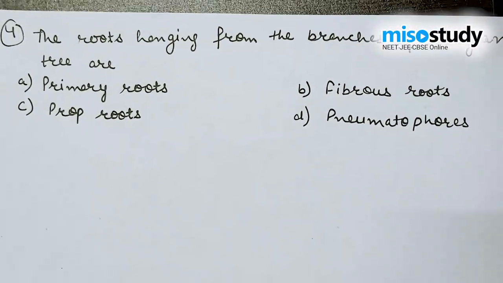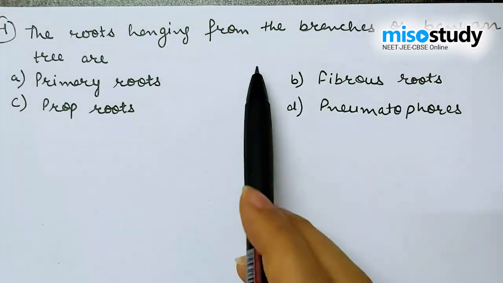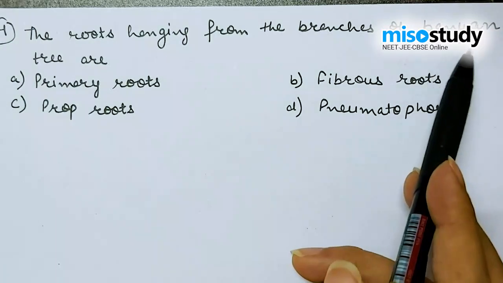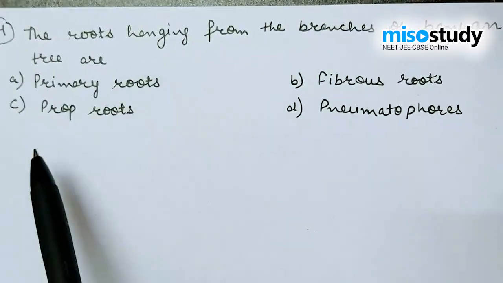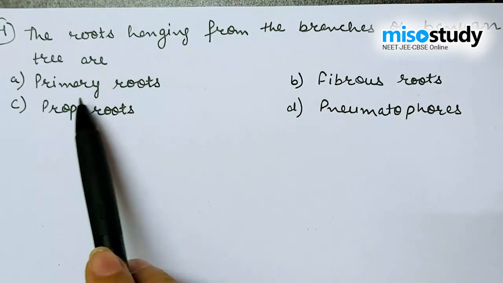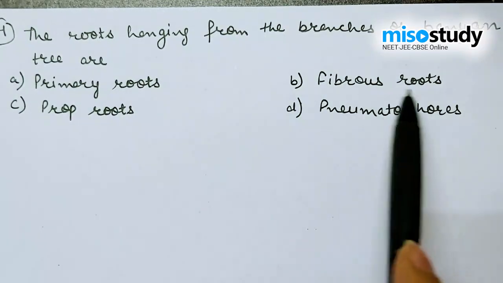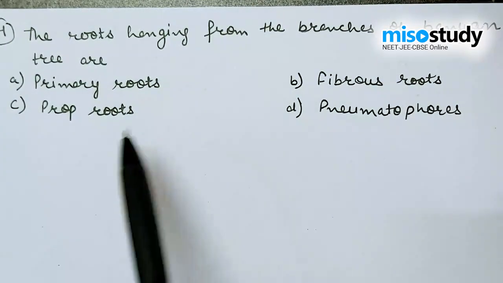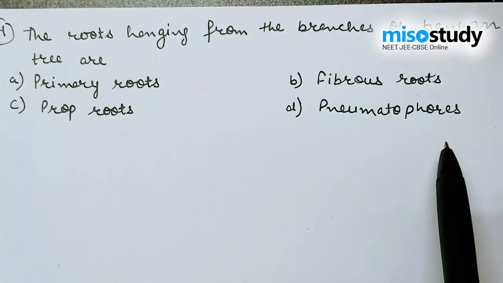The next question is, the roots hanging from the branches of banyan tree are. Here are four options. Option A includes primary roots, B fibrous roots, C prop roots, and D is pneumatophores.